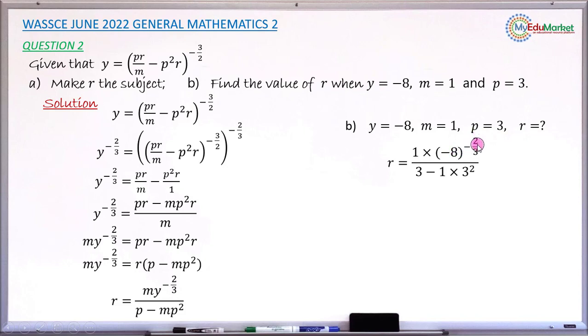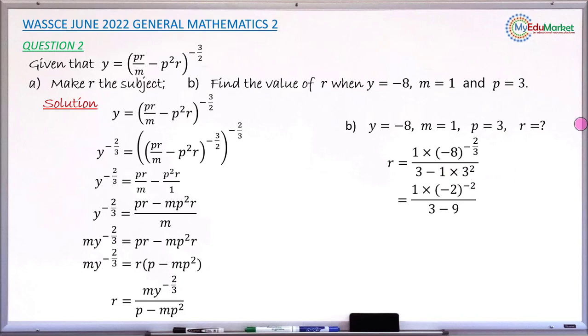Let me split this minus 2 over 3. The over 3 means the cube root of minus 8. The cube root of minus 8 gives minus 2. Then I take that to the power of minus 2. And 3 squared gives 9, times 1 is 9. I continue. 3 minus 9 gives minus 6. And this minus 2 raised to the power of minus 2: remember, a negative power means 1 over that number without the negative power.